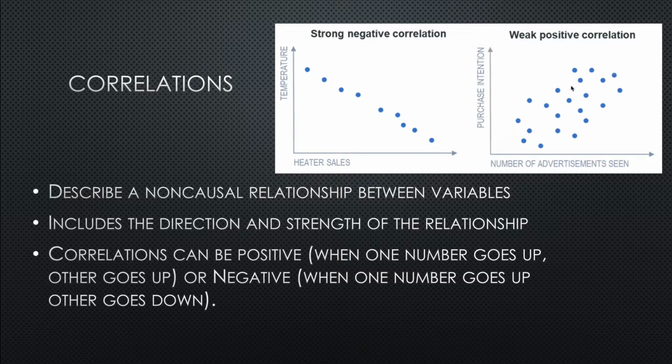But the dots aren't all along that line. They're pretty spread out. It's kind of like a cloud. So that would be considered to be a positive correlation, but a weak correlation. So we can't really be real confident that if a person saw a lot of advertisements, that they actually wanted to go out and buy something.